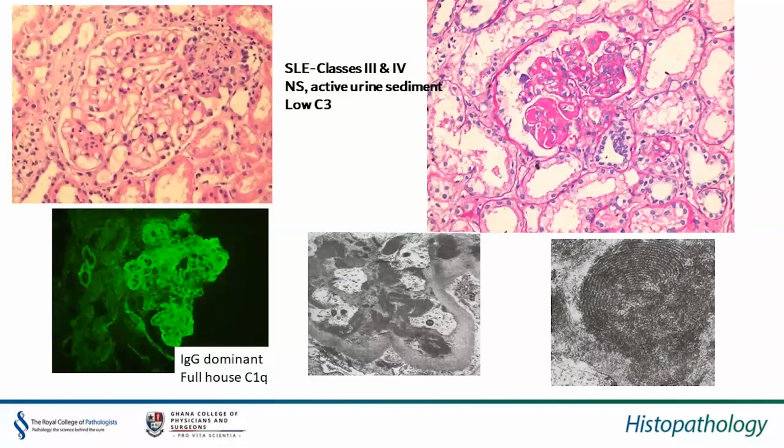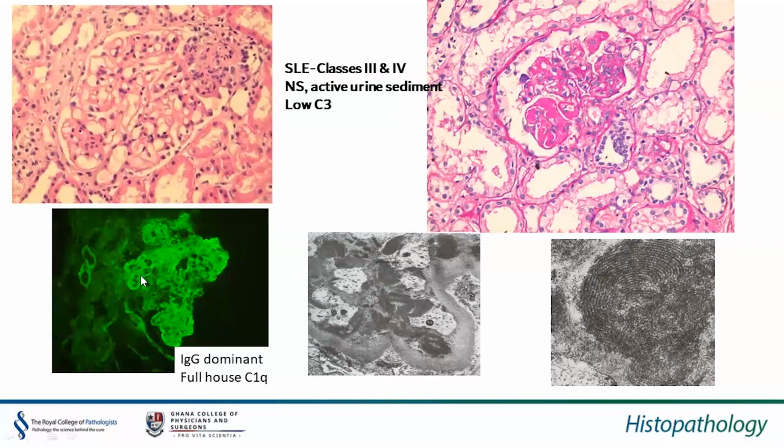But you don't want to keep doing that frequently, and therefore you have the urine sediment and low C3 levels. In fact, that's why they call the urine examination a poor man's kidney biopsy, because it gives a lot of information about the status of the glomeruli just by examining the urine sediment.